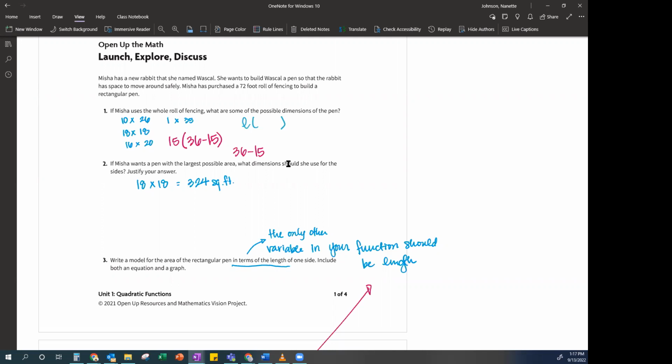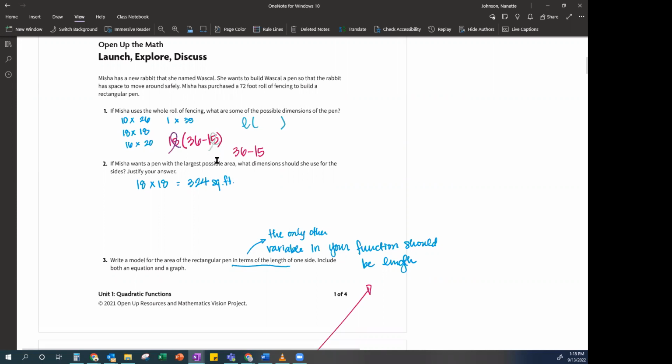So I'm going to do this. If that was an L instead of 15, then this wouldn't be 36 minus 15. This would be 36 minus L, right? Does that make sense? It would just be 36 minus L. Does that make sense?